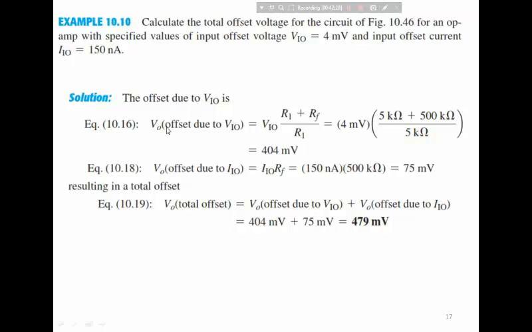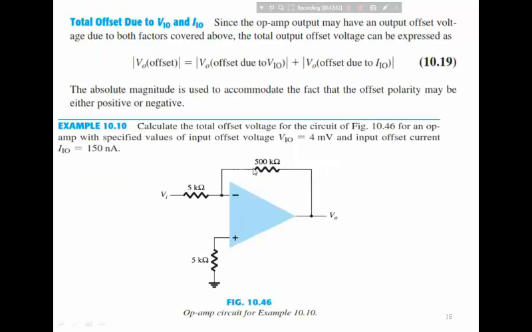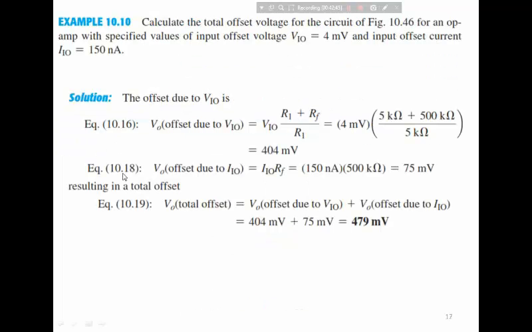We can compute the output offset voltage due to input offset voltage using this relationship. This will turn out to be 404 millivolts, and then compute the output offset voltage due to the input offset current, which will be equal to input offset current into RF. RF is 500 kilo ohm and input offset current is 150 nanoamperes. So plugging these values, we will get 75 millivolts due to the input offset current.